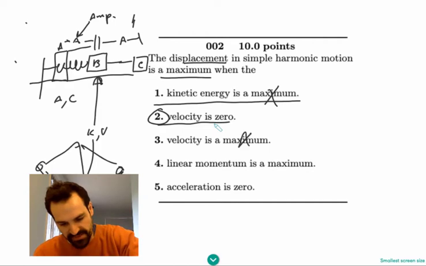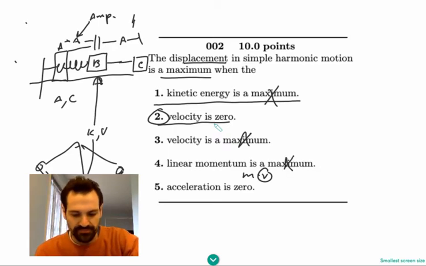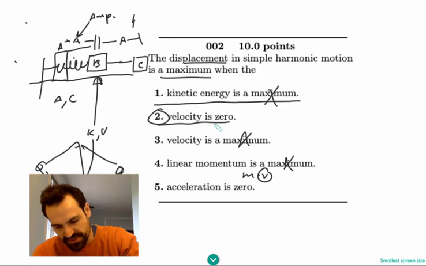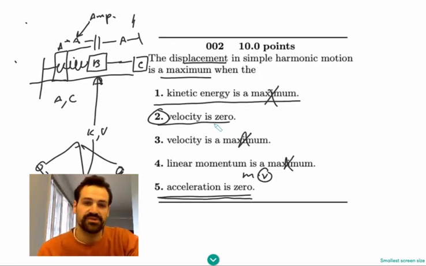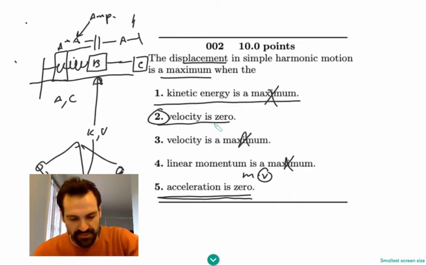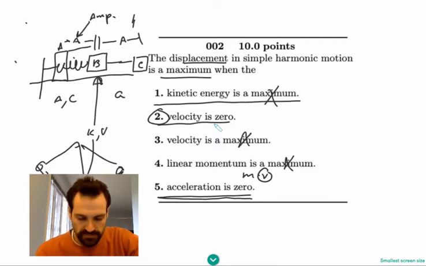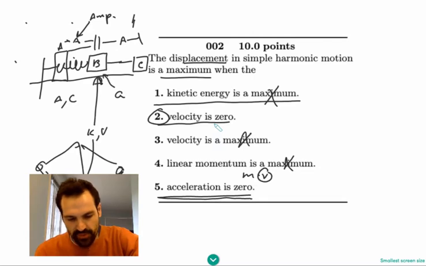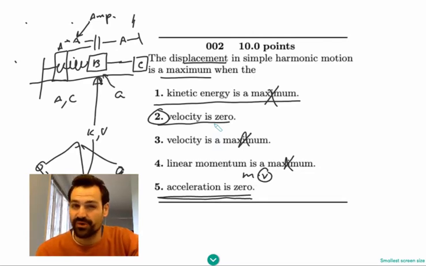Velocity is not at a maximum. Momentum is mass times velocity, and if velocity is at a minimum, then momentum's also at a minimum. And the acceleration is not 0 because acceleration is caused by unbalanced forces. So if we're looking at a mass on a spring, acceleration is 0 at the middle point because the spring is not stretched or compressed.